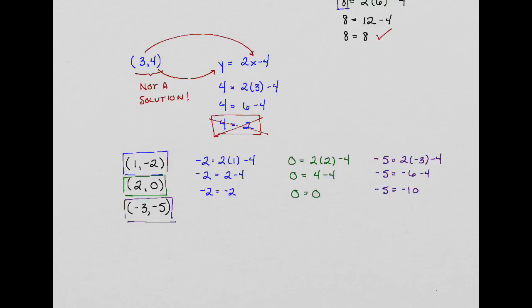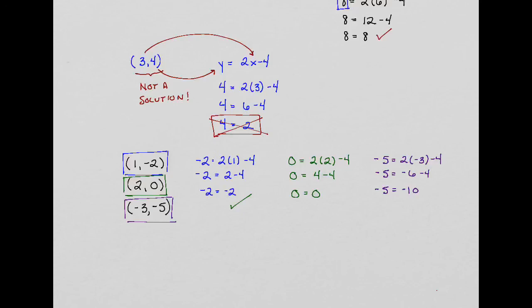All right, here are our answers. As we can see, the coordinate point 1, negative 2 satisfies the equation because we do get a final statement of negative 2 equals negative 2. That's the truth, that negative 2 should be equal to itself.